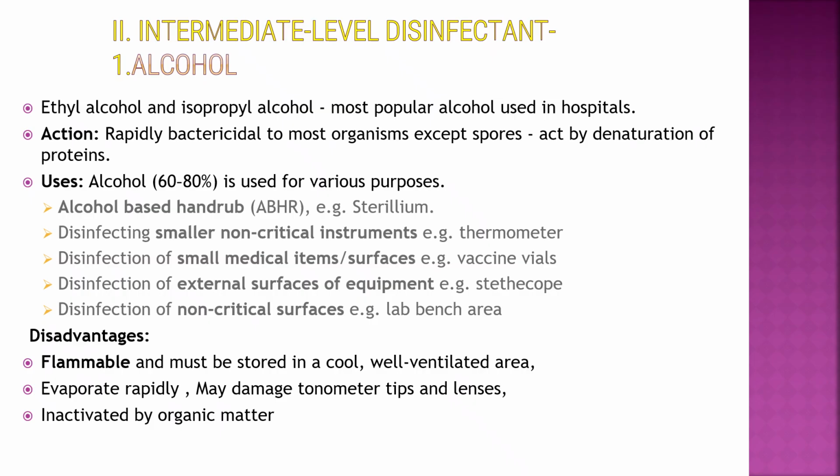Uses: alcohol is mostly used in a concentration of 60 to 80%, and can be used as a hand rub, for example Sterillium. It is used for disinfecting smaller non-critical instruments like thermometers, small medical items like vaccine vials, or external surfaces of equipment like stethoscopes, and for disinfection of non-critical surfaces like lab bench areas. Disadvantages: flammable, must be stored in a cool ventilated area, evaporates rapidly, may damage tips and lenses, and is inactivated by organic matter.